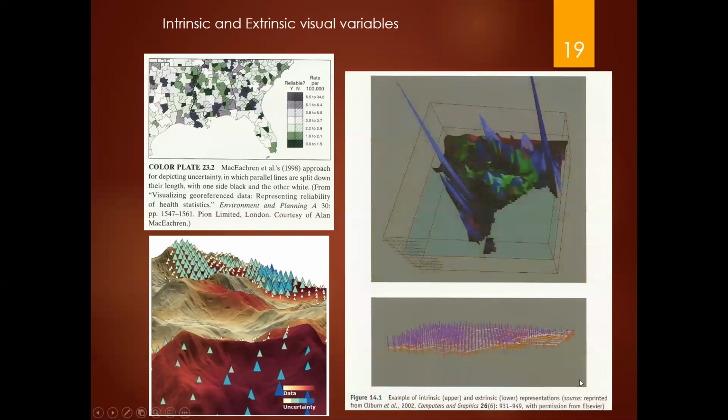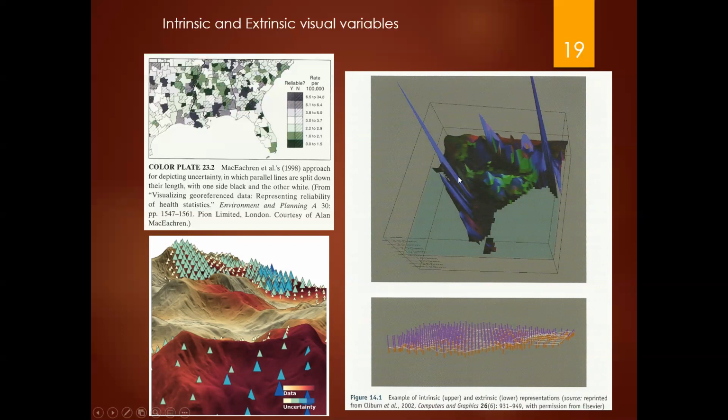And here, one more example. Here is a 3D geovisualization of something. I'm not sure of the variable here, but we can say that this figure on the top is using an intrinsic variable to show uncertainty, right? We have a lot of spikes, right?